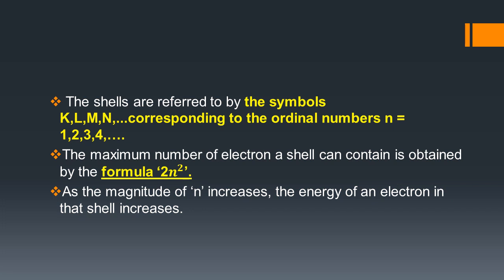Now students, K is the first shell, nearest to the nucleus, L the second shell, M the third shell, and N the fourth shell. The maximum number of electrons a shell can contain is obtained by the formula 2n square. By this formula we can calculate the number of electrons in a specific shell. As the magnitude of n increases, the energy of an electron in that shell increases.